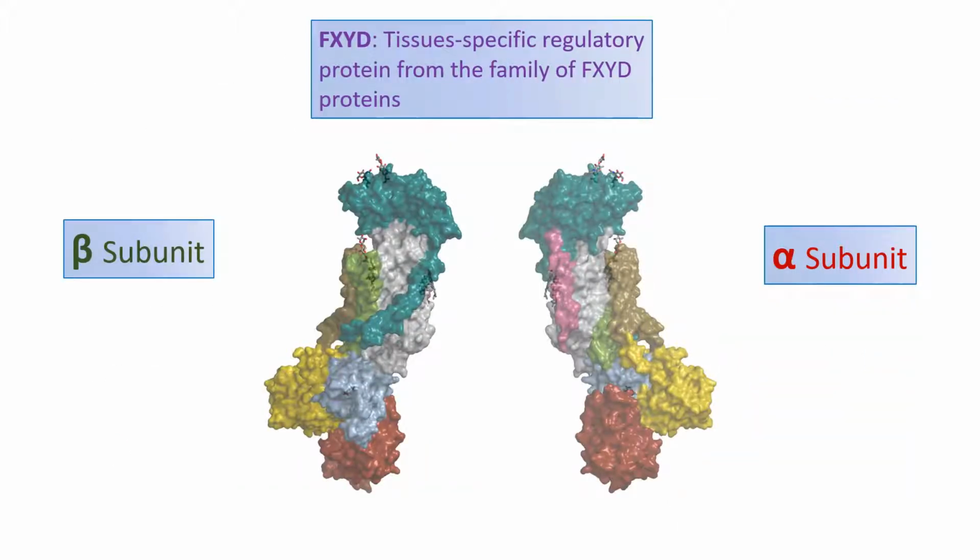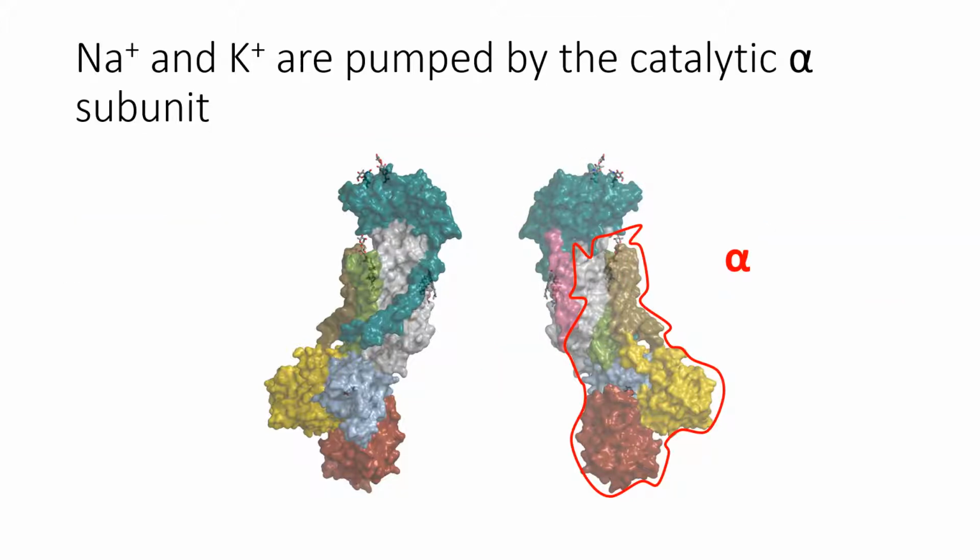So let's have a look at the sodium pump function and its subunits. Sodium pump comprises 1 alpha subunit, which is this one, 1 beta subunit, and in some tissues, a tissue-specific regulatory protein from the family of FXYD proteins, this subunit.